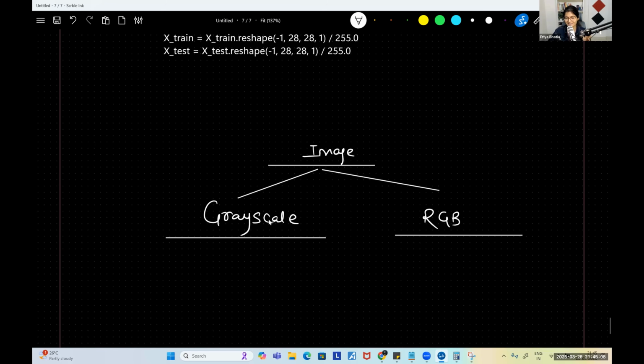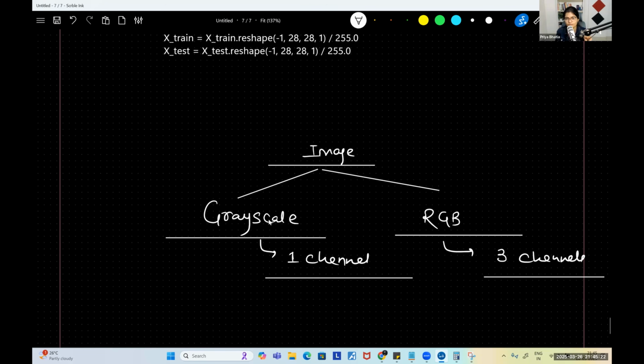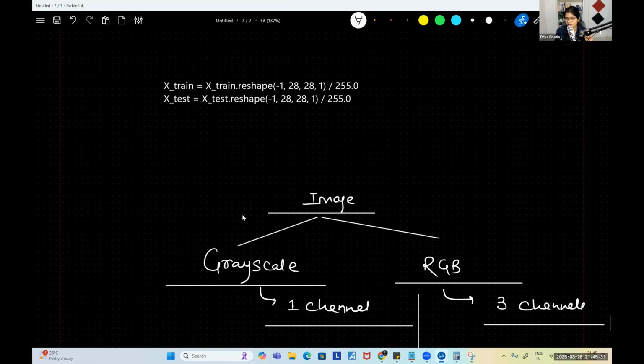When we are saying grayscale, it means that it just has only one channel. RGB, by the name itself, contains 3 channels. Okay? So when you are working with MNIST data, the input size is 28, 28, 1.